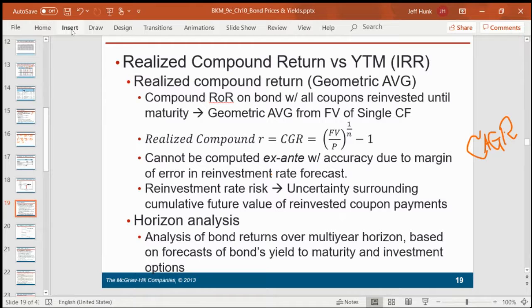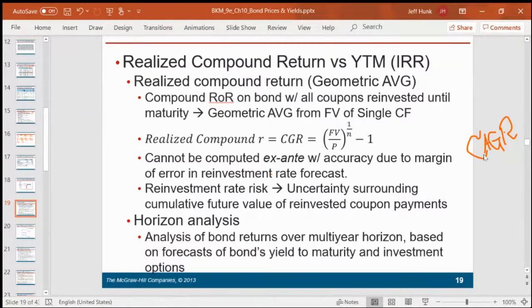But I don't like this expression because it doesn't have to be annual. If you're dealing with annual growth rate, yeah, it's annual. But what if it is quarterly? What if it is monthly? Then we will have to change this A to Q, CQGR, compounded quarterly growth rate, or monthly, CMGR.